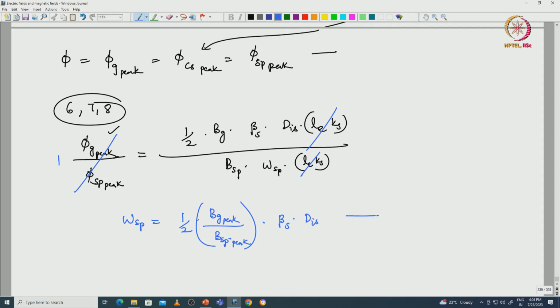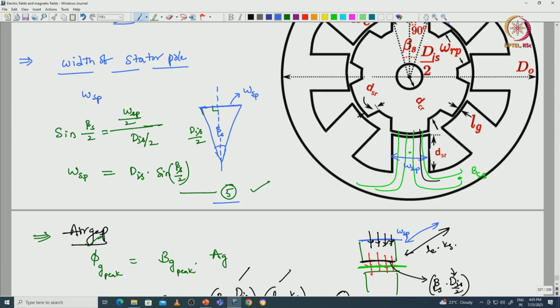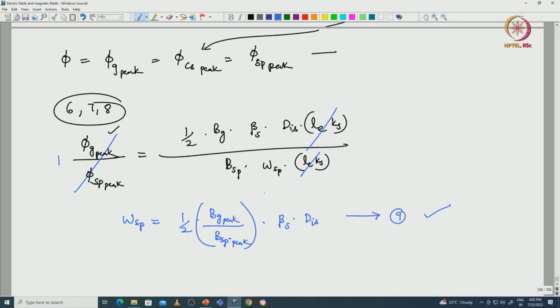So this is the final equation for the stator pole width. We can calculate the stator pole width by this equation, or by utilizing equation number 5, either this one or equation number 9.